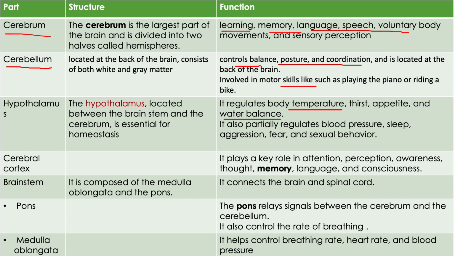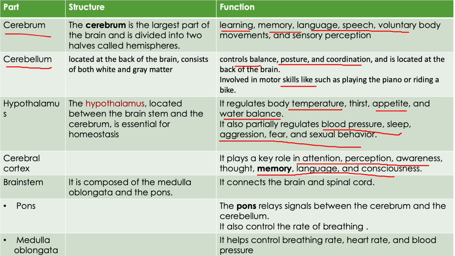So it is involved in maintaining water balance, temperature, and appetite, and also in regulating blood pressure, sleep-wake cycle, aggression, fear, and sexual behavior. The cerebral cortex plays a main role in attention, perception, awareness, memory, language, and consciousness.